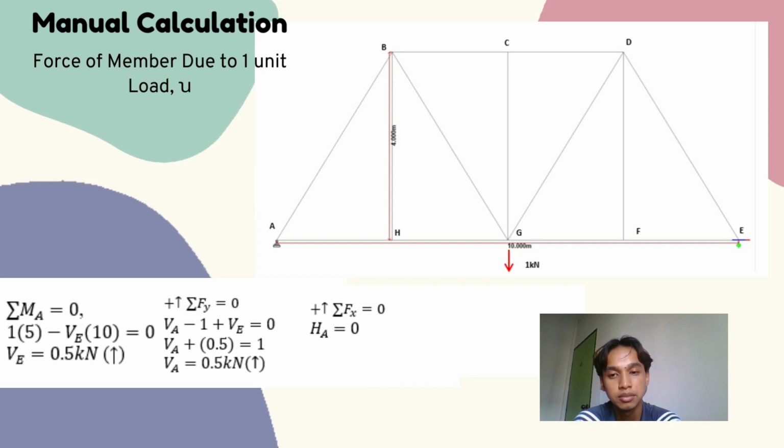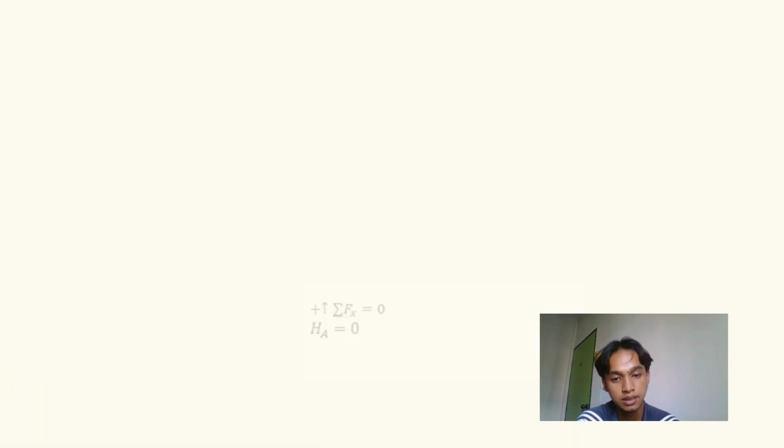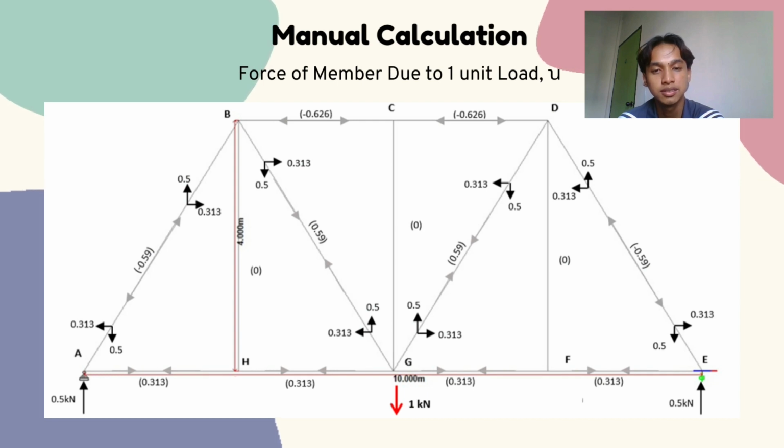Then we find its support reactions. Firstly, we start by finding the summation of moment at A, and then we find the value of VE. Then we follow with the summation of Fy equal to 0, and then we find the value of VA. After finding the support reactions due to 1 unit load, we can find the internal force for each member by using the alternate method. The values gained are shown in the picture.